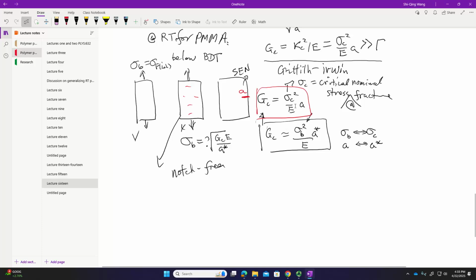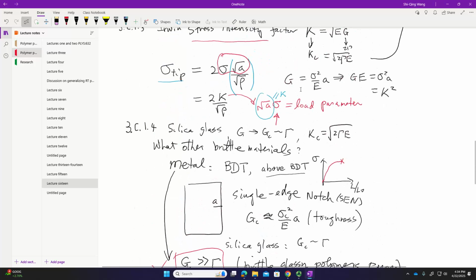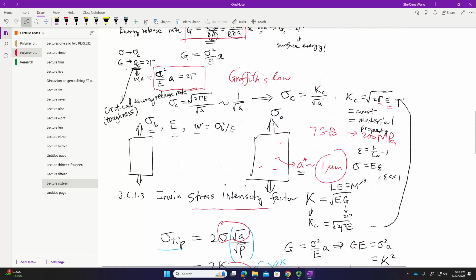But I was losing sleep about it, Jesus Christ. The law is still there. Griffith's law is still there. Where is it? And KC is still there, except as in any textbook, the textbook quietly replaced the gamma by GC. Quietly.